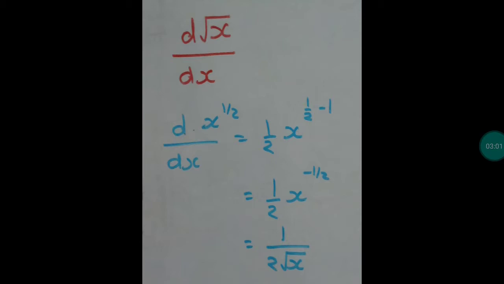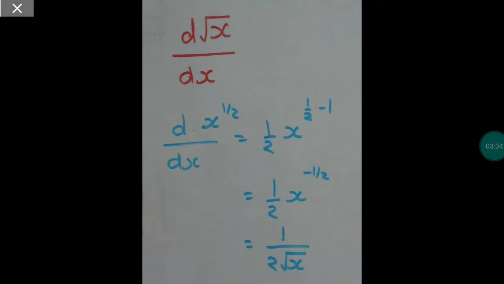Instead of square root of x, I have written x to the power 1 by 2, and then again the same thing is to be done. 1 by 2 is written at two places, once over here, and then 1 by 2 minus 1 gives you minus 1 by 2, and x to the power minus 1 by 2. Because of the negative sign it is written in the denominator, and because of the power half it becomes the square root. So this can be written like this.